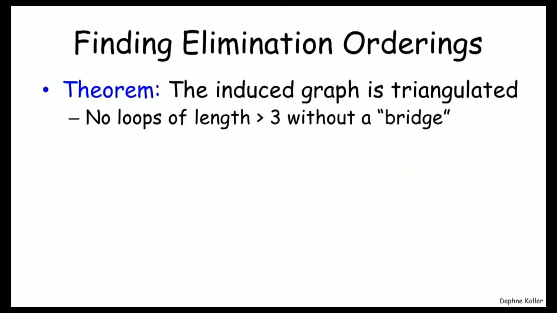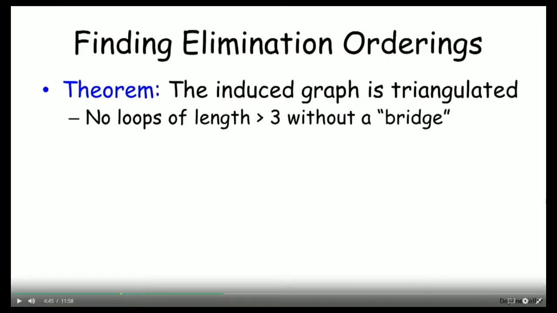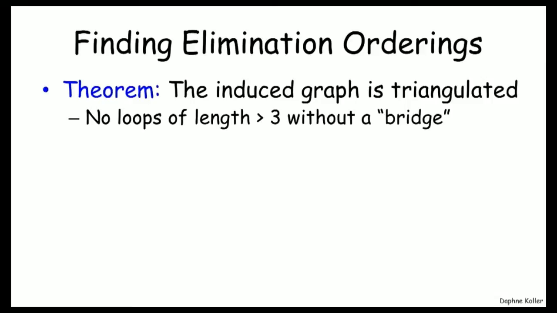Now, one important way of understanding the issues of finding elimination orderings is by looking at the following result. And the result tells us that the induced graph that is produced by variable elimination, regardless of the elimination ordering, is triangulated.